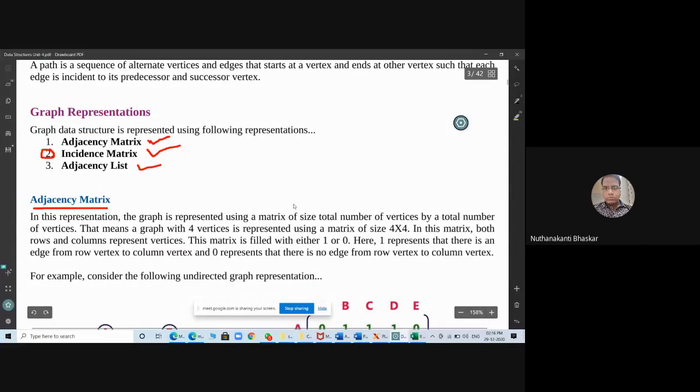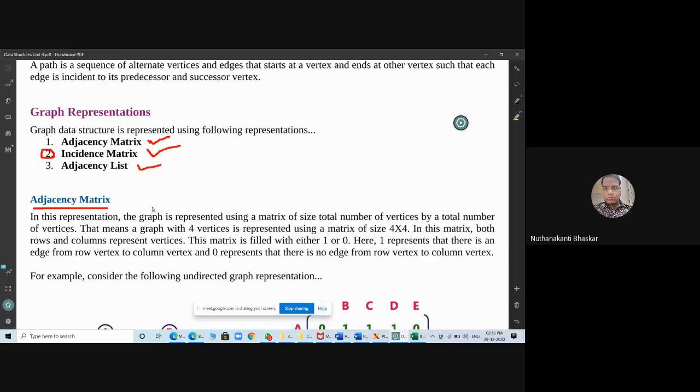Now, coming to the first representation. Please follow, very easy. If you know mathematics, it is very easy. The first representation is the adjacency matrix. So we are going to represent in matrix form with the help of the adjacency mechanism. You know what adjacency is and you already know matrices. Matrix representation, everyone knows, right?